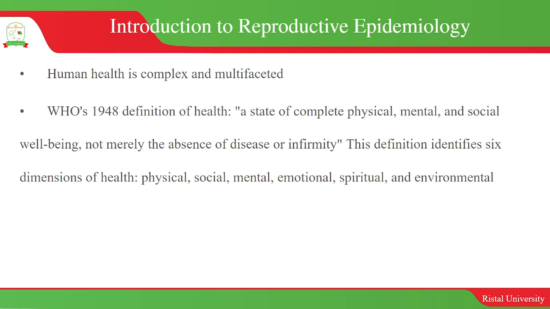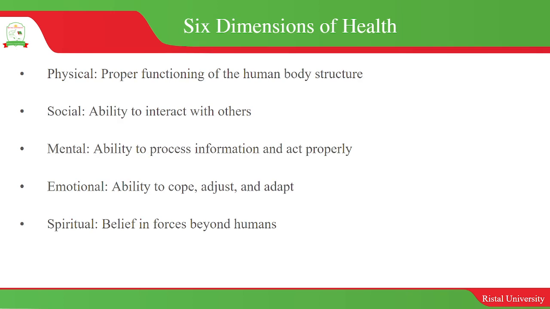There are many dimensions of health where we talk about physical health, social health, mental health, emotional health, spiritual health, then environmental health. So health has many dimensions. So physical health is basically about how our body functions, whether it is functioning normally and it is in normal structure. That is physical health.